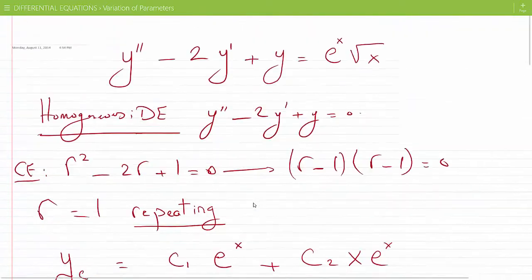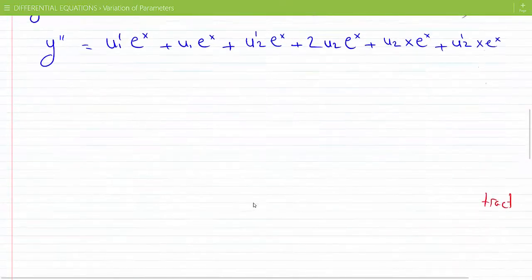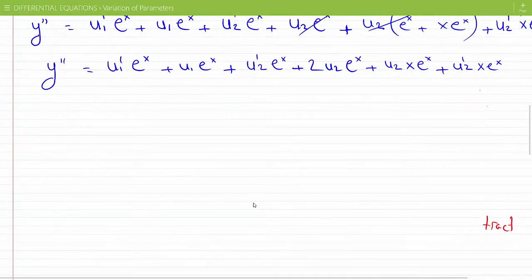And now we're going to plug that into the original. So y double prime, which is this whole thing.